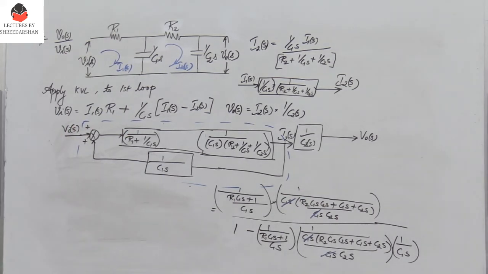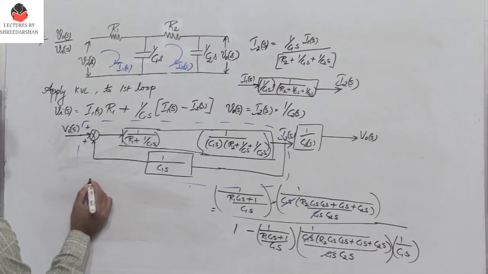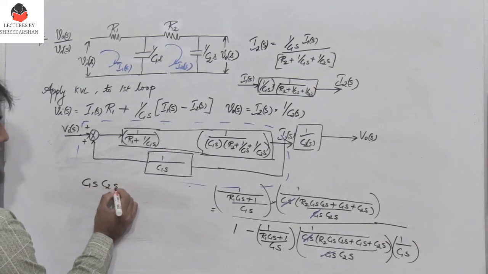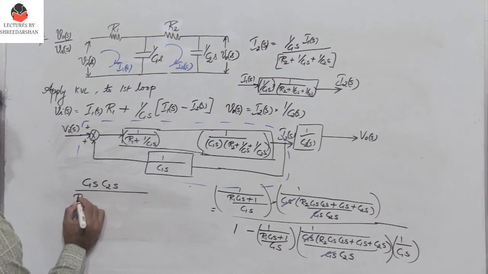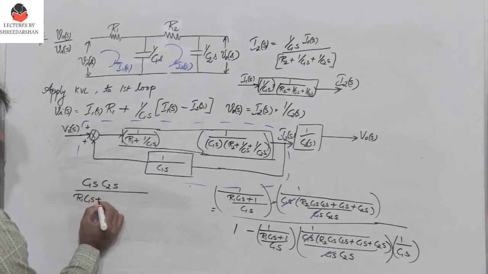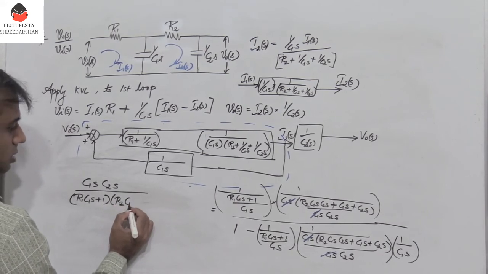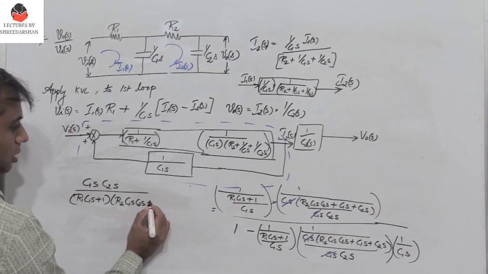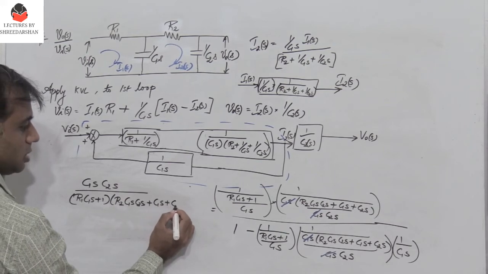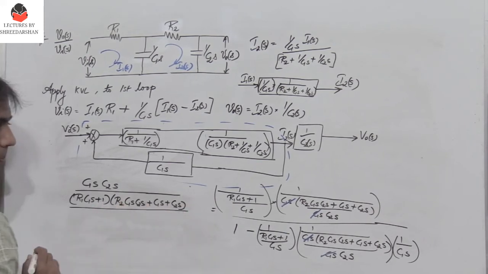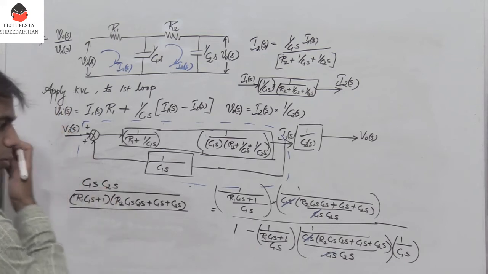So again, trying to simplify this, so I write the numerator, which is C1S C2S divided by R1 C1S plus 1 into this expression, which is R2 C1S C2S plus C1S plus C2S divided by, so here what do I get?